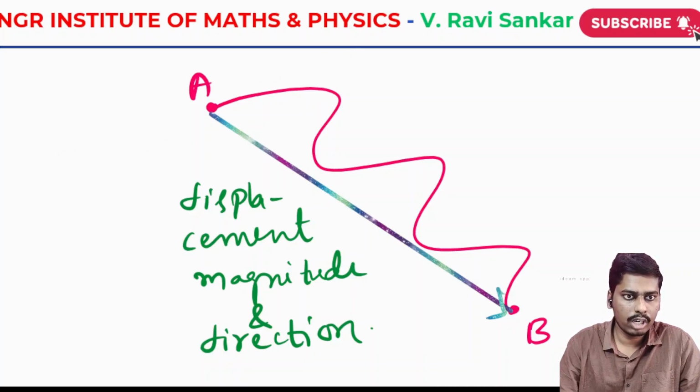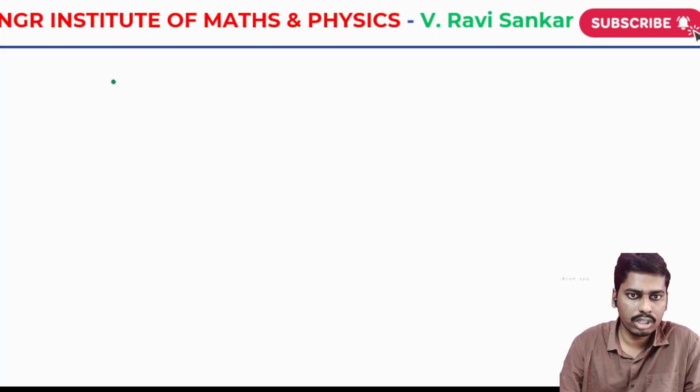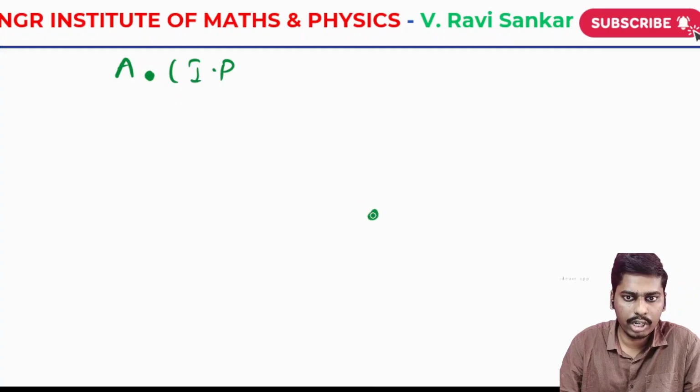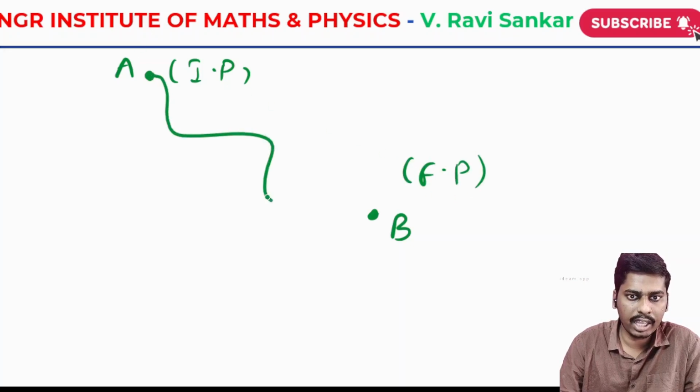And moving on to the next detailed concept, that is something more about the distance. Suppose there is a particle at point A, this is the initial position, and there is a particle at point B, this is the final position, and suppose it travels like this, and we need to find out the distance and the displacement.